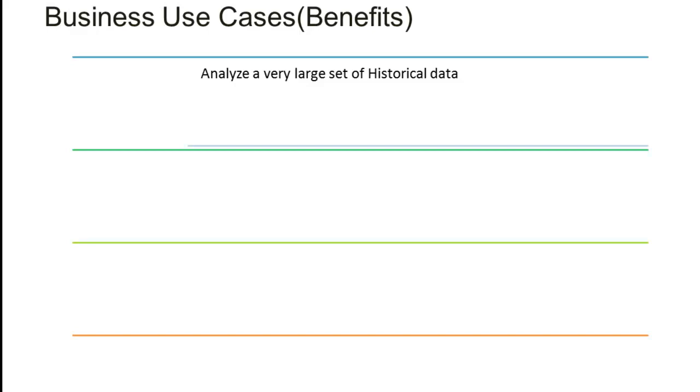What historical data means, let us assume you have a particular stock exchange, you want to analyze how the stock prices of various companies moved over the last 100 years or 50 years. That could be one use case, and that will require a huge amount of computing resource to process that data and analyze it.